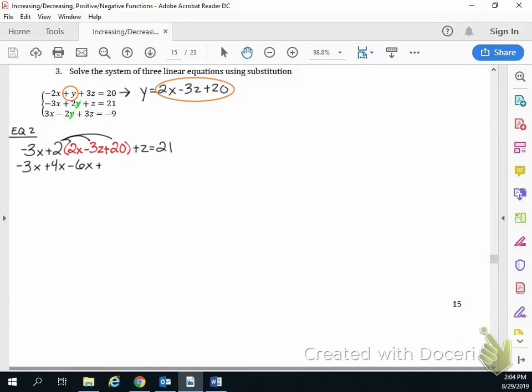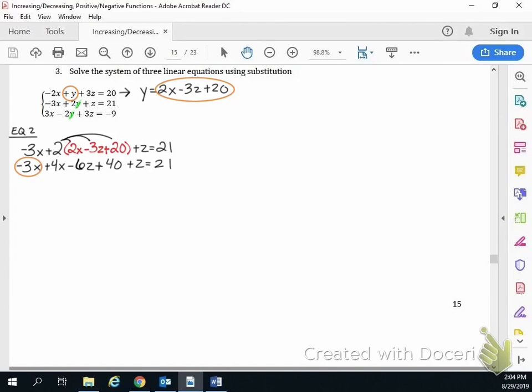Is it 40? It is 40. So all I did was I distributed the 2. And now I'm going to go through and combine my like terms.